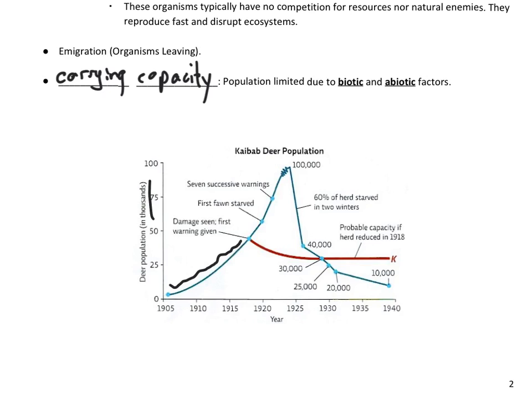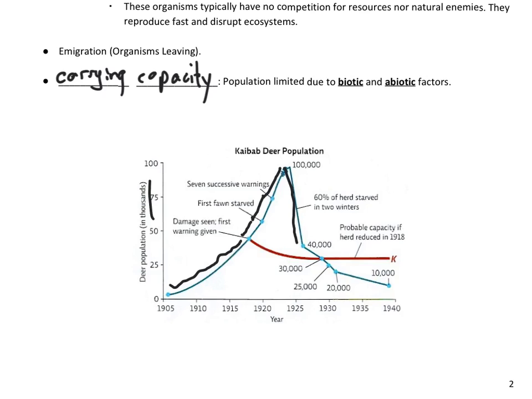But then there were warning signs, and ecologists were able to study some of these warning signs. Right? You'll start to see some of the deer starving, and then a lot of the area becoming limited, and then the resources becoming limited. And then there was a huge spike in the population and a massive drop in the population because of some winters that were particularly harsh.